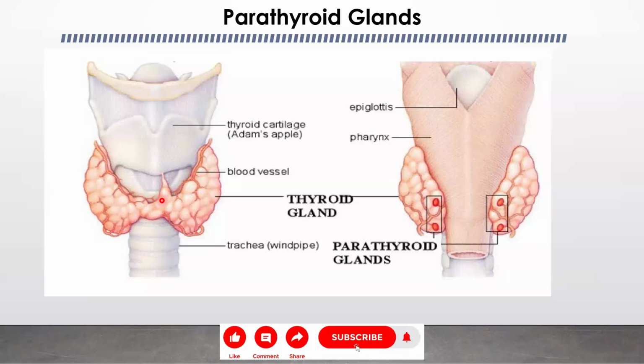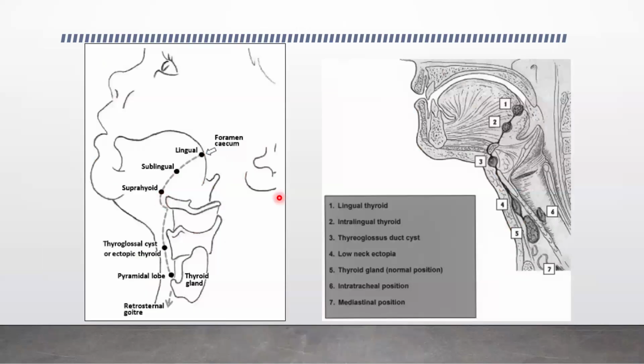A point to appreciate is that this thyroglossal duct is supposed to obliterate. If it doesn't obliterate, it will form fistulas and cysts. The thyroglossal duct is supposed to obliterate, but just maintains its connection with the tongue.